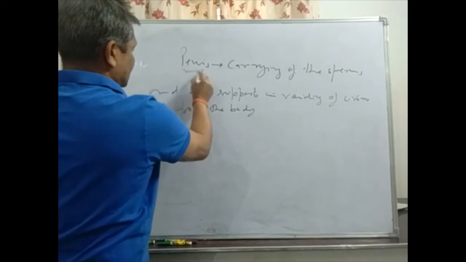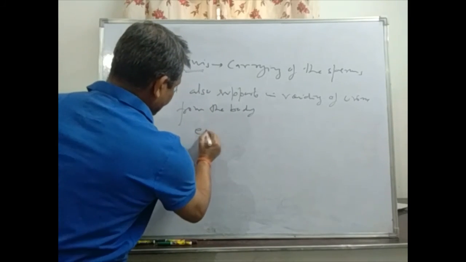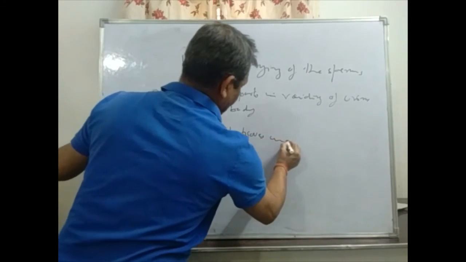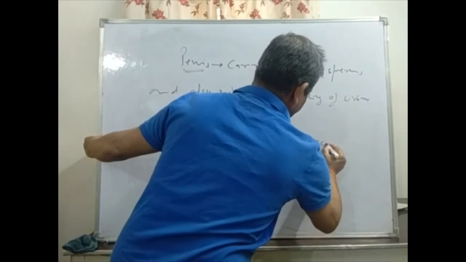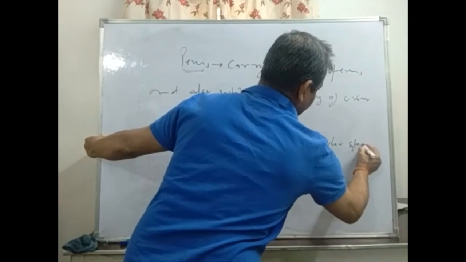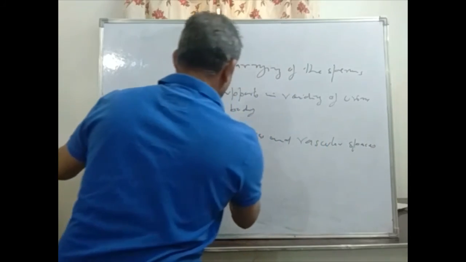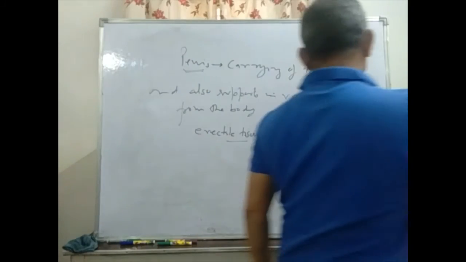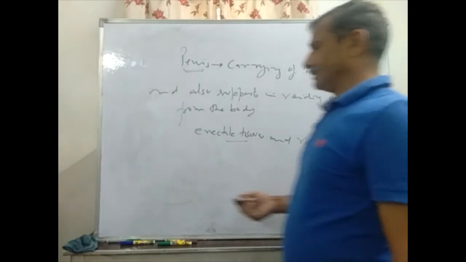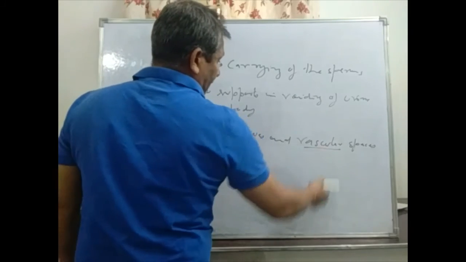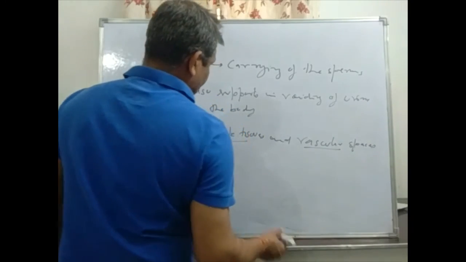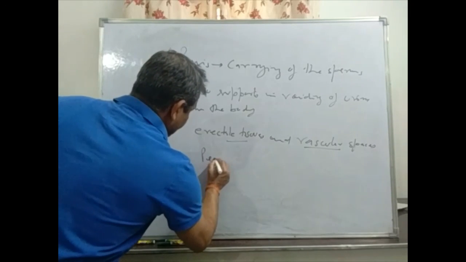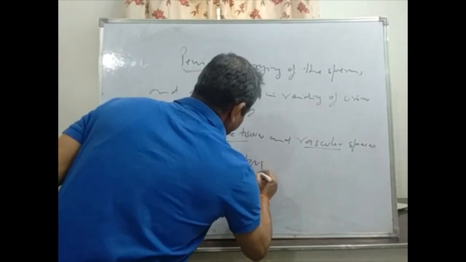Penis is a cylindrical structure and it is composed of erectile tissues and vascular spaces. Okay, so during the time of coitus or copulation, these vascular spaces are filled with blood and they make the penis tough and tight.